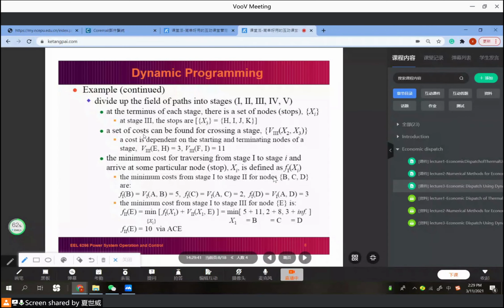So the minimal cost for traveling from stage 1 to stage i and arriving at some particular node or particular stop is defined as this f_i(x_i). So the minimum cost from stage 1 to stage 2 for nodes B, C, D. Let's show how to calculate this.